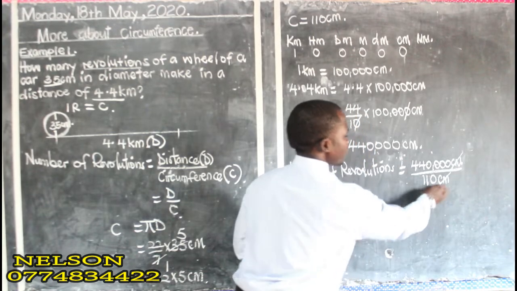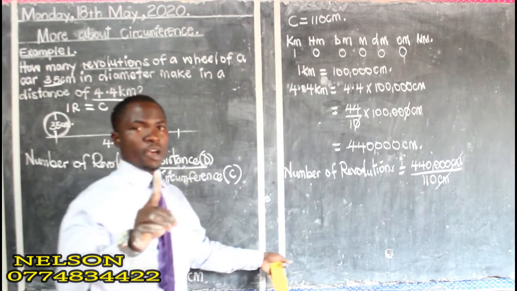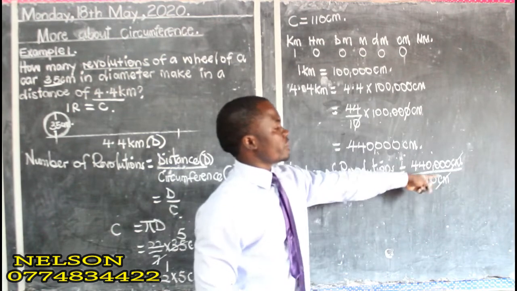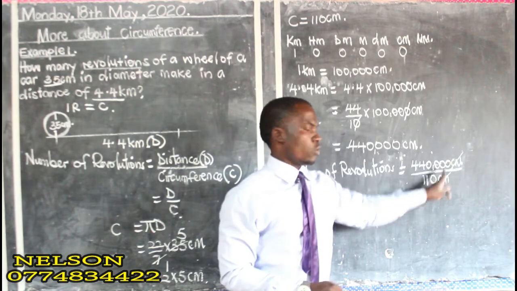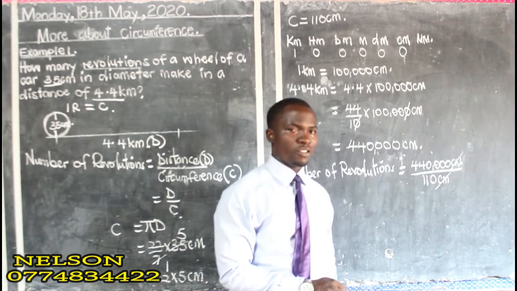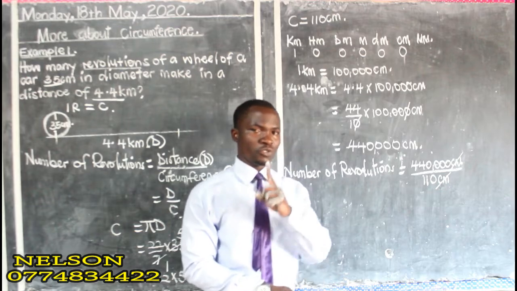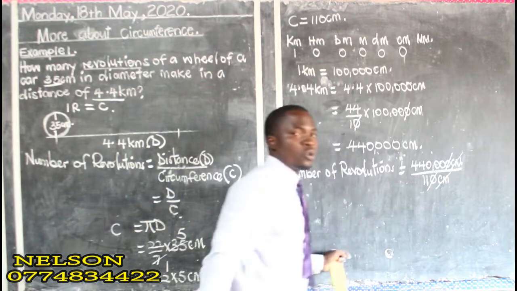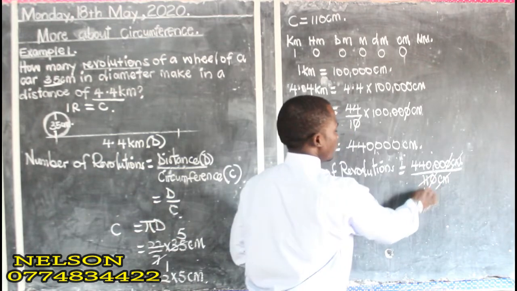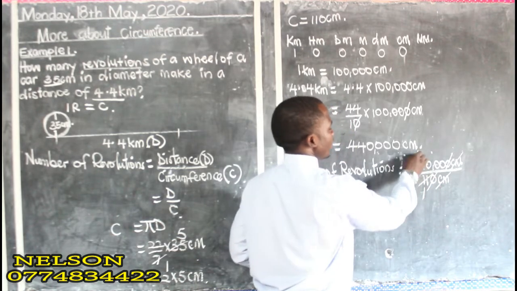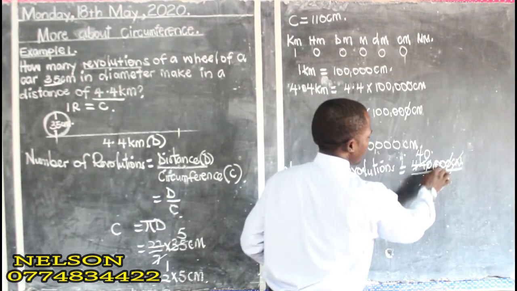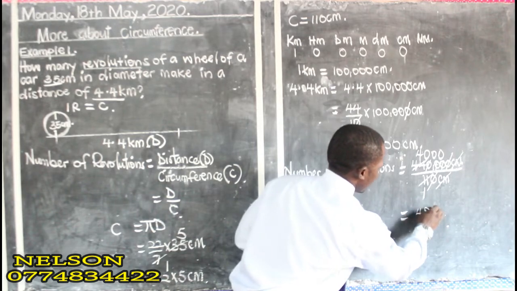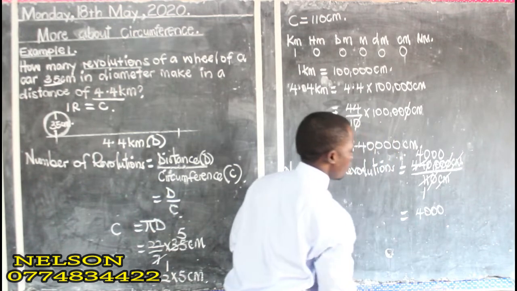So centimeters and centimeters will go. That is why we made the units the same, because we wanted them to go. But if they're different, it could be hard for them to disappear. The 0 will go with the 0. 11 once by 11 here, we shall have 4. 11 0, 11 0, 11 0. So here we shall have 4,000.